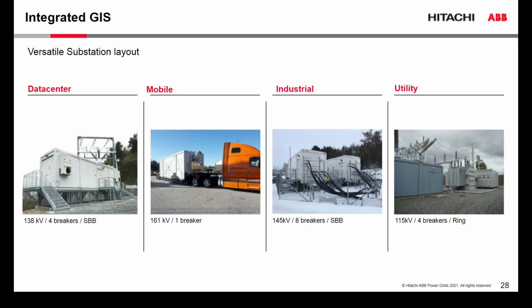We see an industrial application interconnecting by cable, which was needed for an extremely fast interconnection of a grid. And here you, for example, can see the horizontal high voltage cable connections, which made the installation super easy. Or you see on the right side a typical utility breaker ring interconnected to the transformer and to the medium voltage equipment.